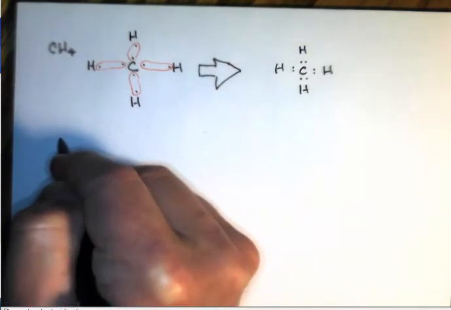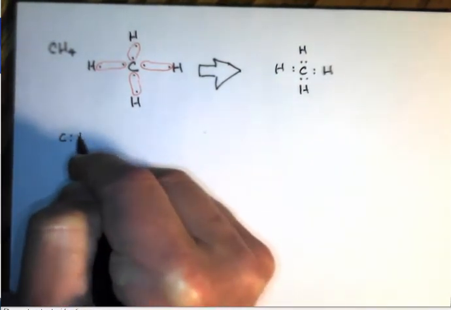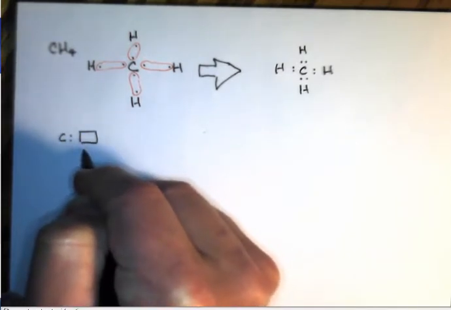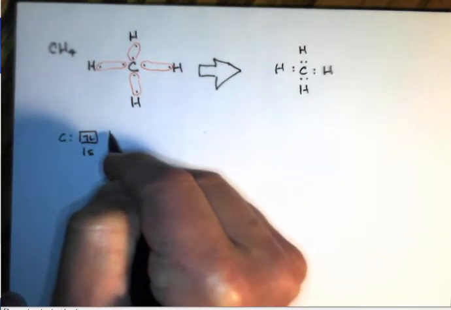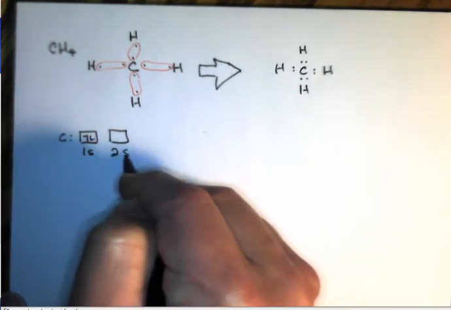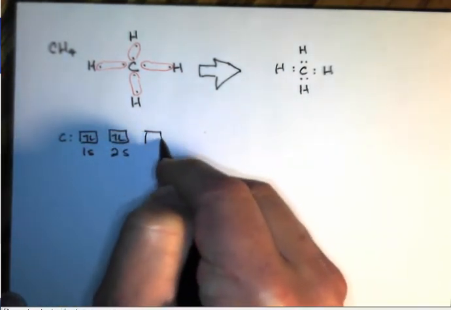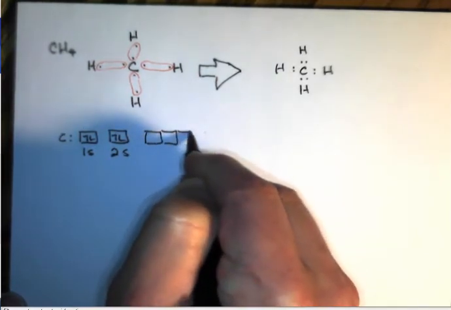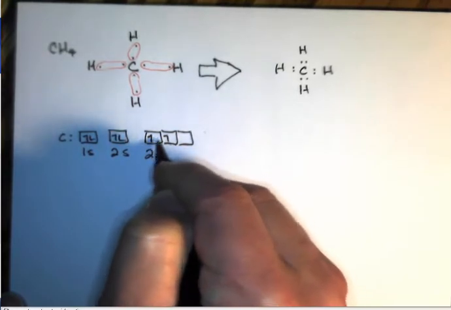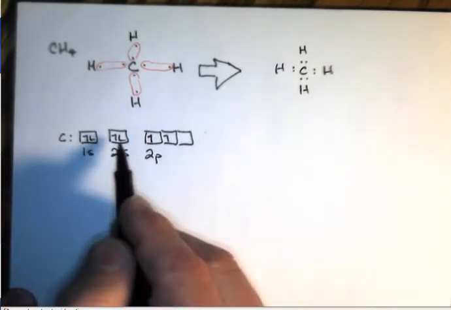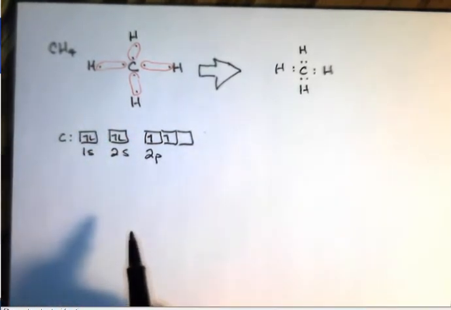Because the original orbital notation we had in the previous unit looked like this. And this orbital notation doesn't show us how we can bond 4 times. It only shows us how we can bond twice, with 2 electrons there. These 2 electrons are pretty well tied up in a full orbital.